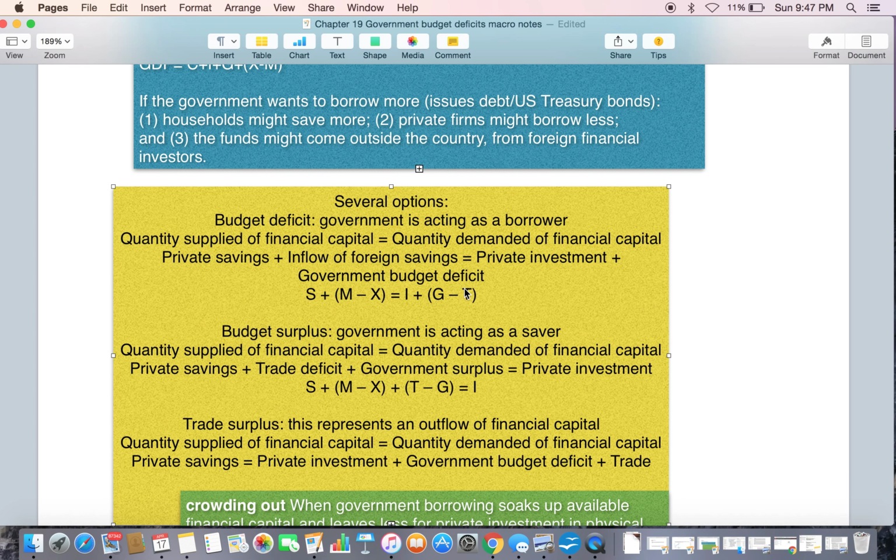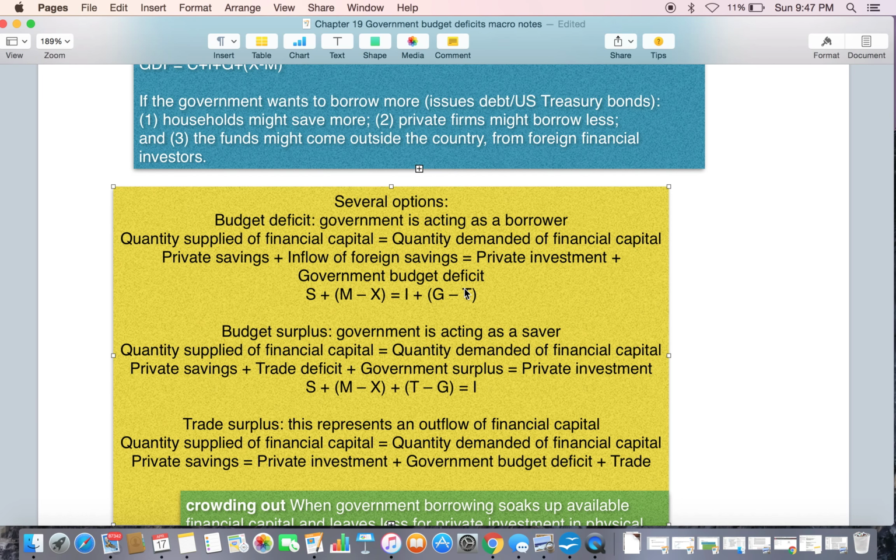And so in our investment identity, we know that the quantity supplied of financial capital equals the quantity demanded of financial capital. So financial capital is supplied by households and it's demanded by firms. In this case, it's also going to be demanded by the U.S. government, because the U.S. government is a borrower because it has a budget deficit, because its government expenditures are greater than its tax revenue.